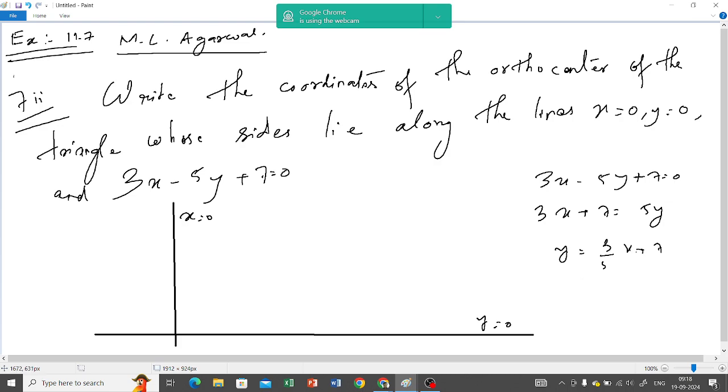Right. So this is simple y equals to mx plus c form where slope is positive. So that means the line is going to be like this.